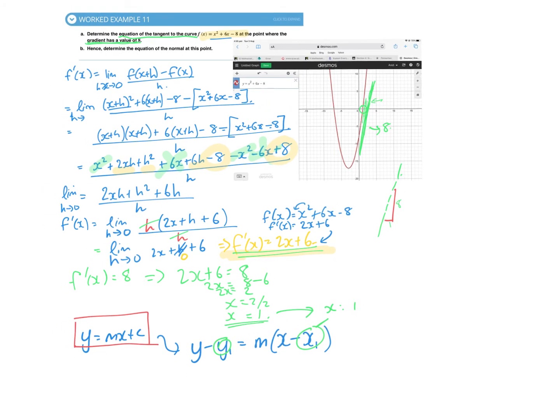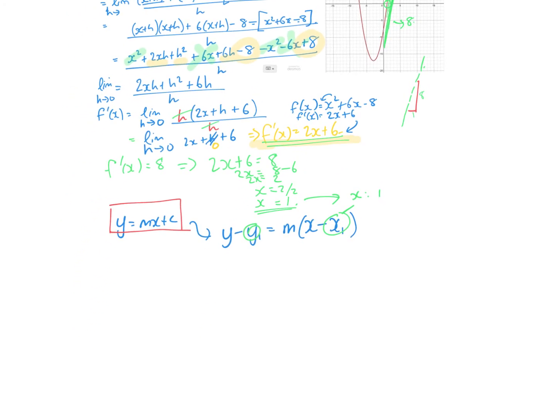So we need to substitute x back into the original equation. Let's do this math method style. We're going to write here the y coordinate where f dash of x is 8, such that x equals 1. Therefore, the function of 1 goes into the original equation, so we don't have a dash here.